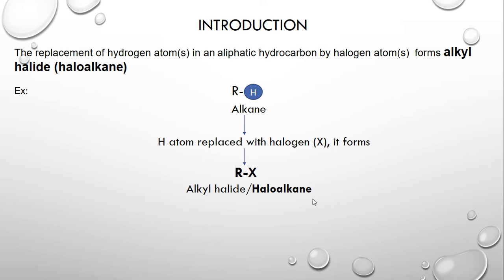So first you should know what a haloalkane is and how it is formed. We know alkane is written as RH. When you replace the hydrogen atom of an aliphatic hydrocarbon like alkane by a halogen atom, it forms alkyl halide, or it is called haloalkane. Halogens are represented as X. It can be fluorine, chlorine, bromine, or iodine.